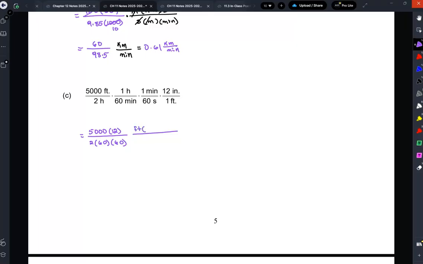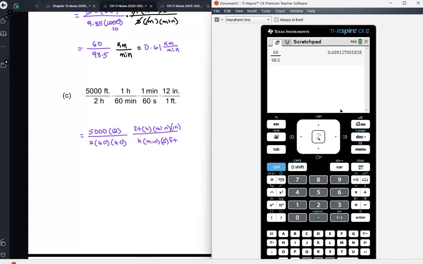Feet, hour, minute, inches. Hour, minute, seconds, feet. Okay, let's put this in the calculator.